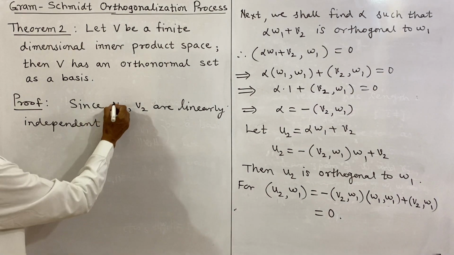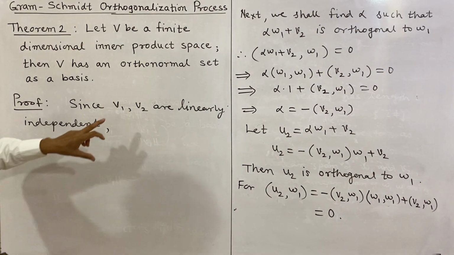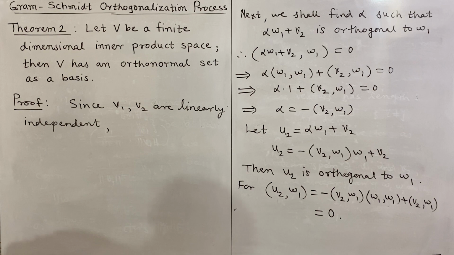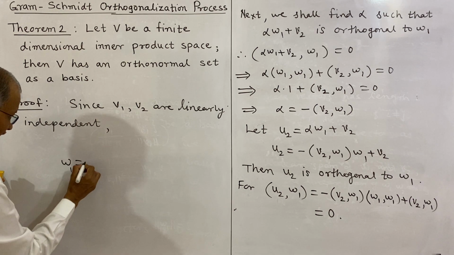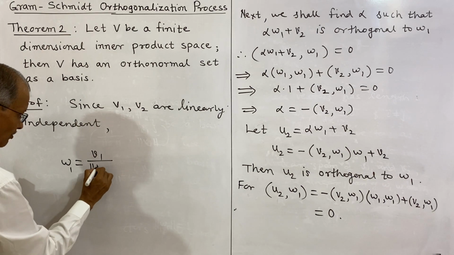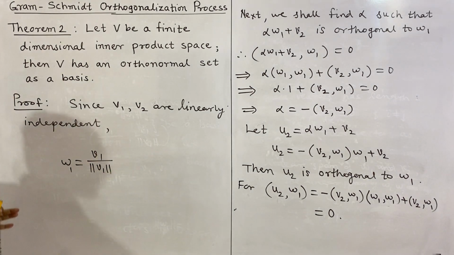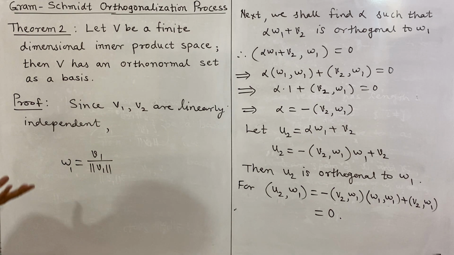Because W1 we have considered as V1 divided by norm of V1. So it is a scalar multiple of V1, and V2 is linearly independent. So therefore we will say that W1, W2 will also be linearly independent.